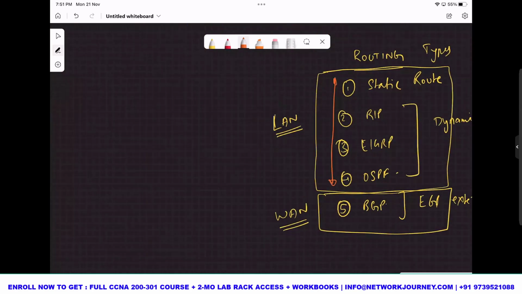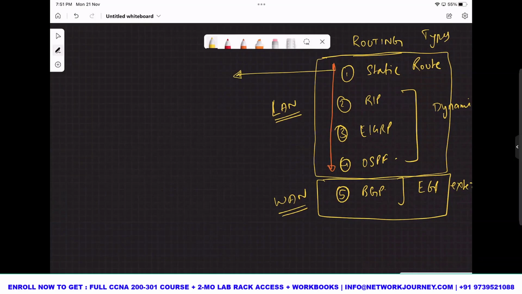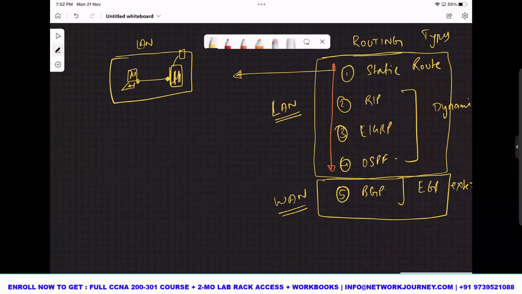Let's say with the static route, it is just between me, my computer, and my gaming workstation inside a LAN premise. I have an IP address concept. Let's say behind that I have some more gadgets, or there is a switch connected to multiple devices in the local area network.